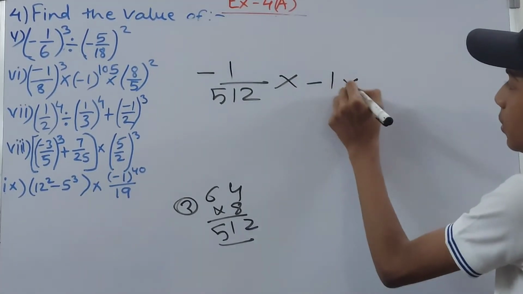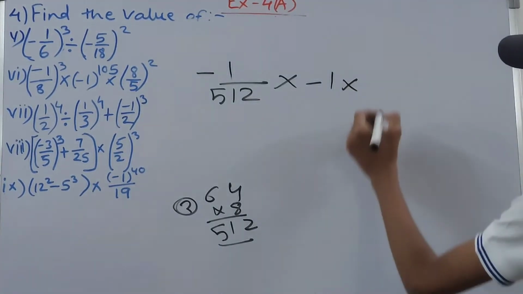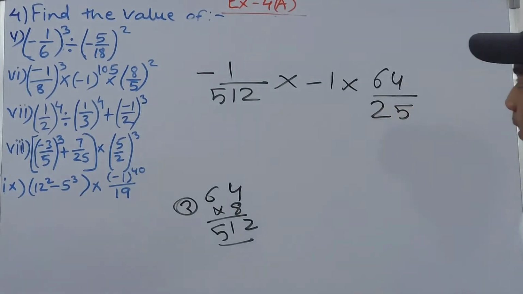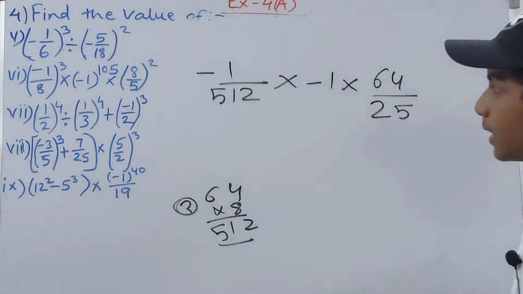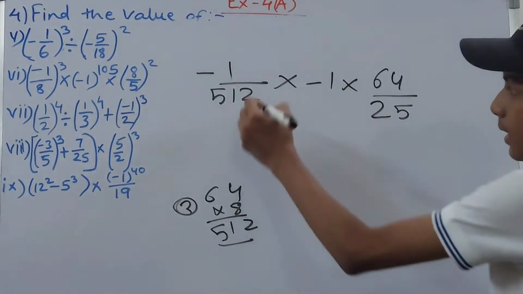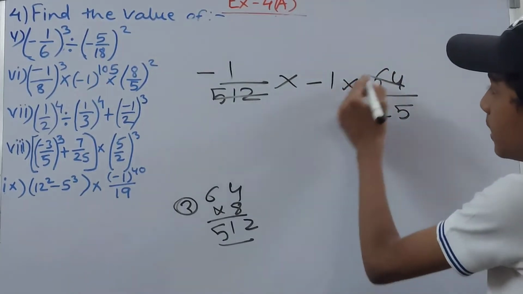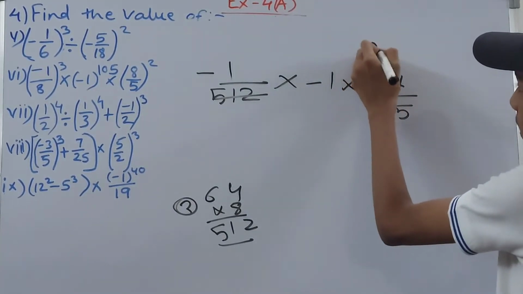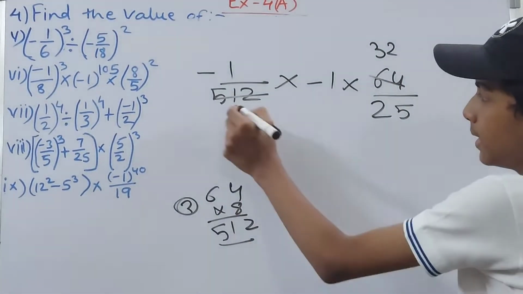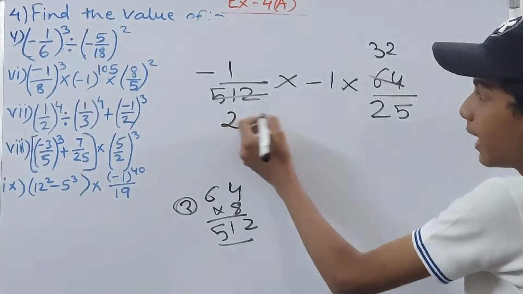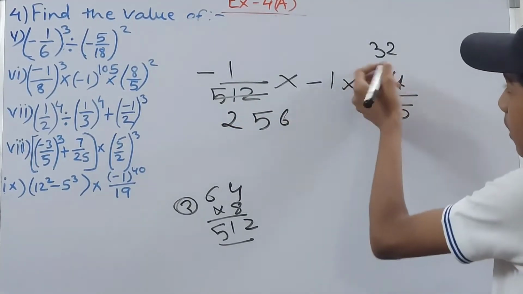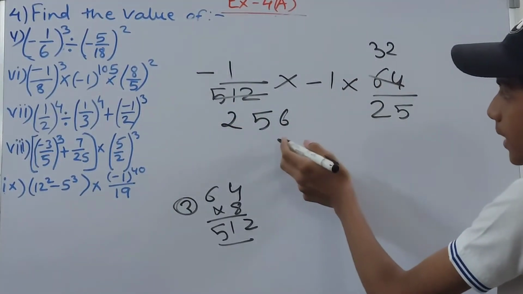Then into 8 square, that is going to be 64 upon 5 square, that is 25, right? Now can we cancel this? Can we cancel 64? Yes, we can. This and this will cancel, so this will be 2, okay, and 256. Now can I do this by 8? Yes, right?